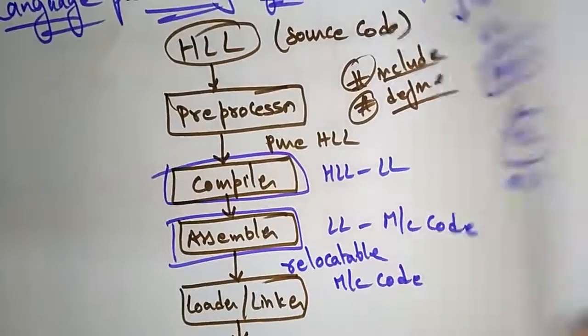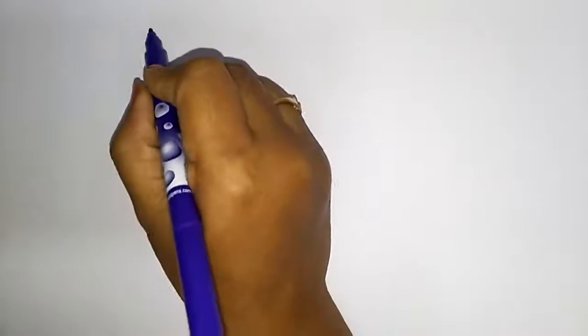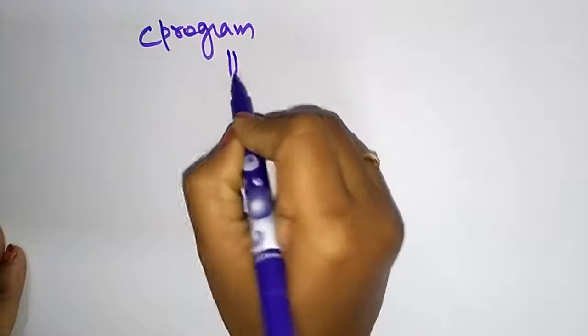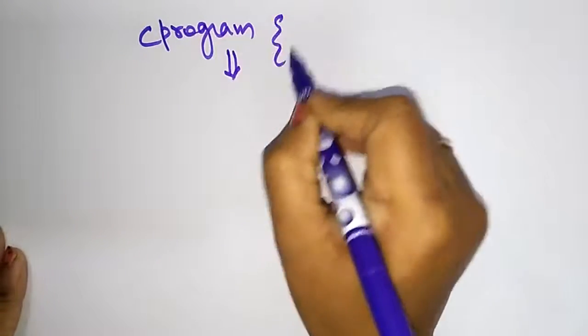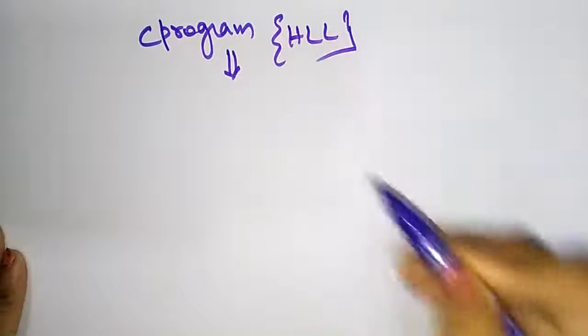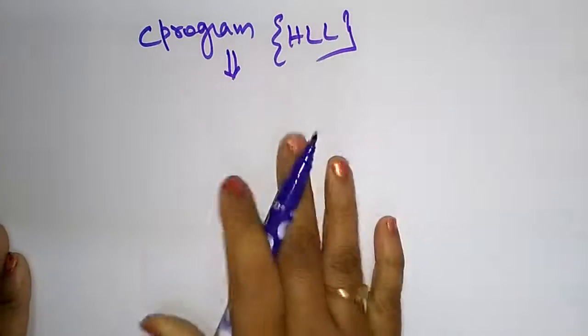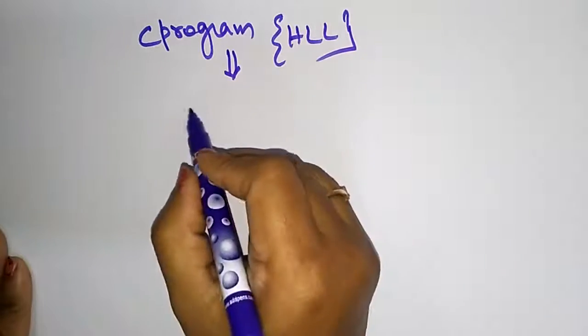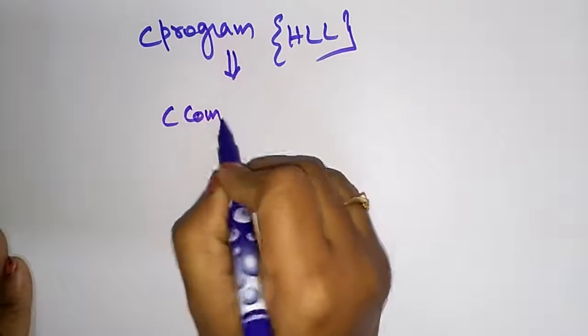So this is the general language processing system. Let me take a simple C program, then you'll understand what exactly the language processor will do. Suppose you have written a C program in the high level language. First, this program will be compiled by the C compiler.